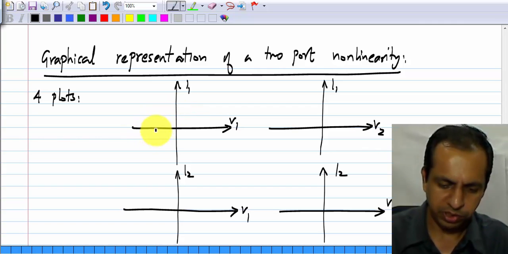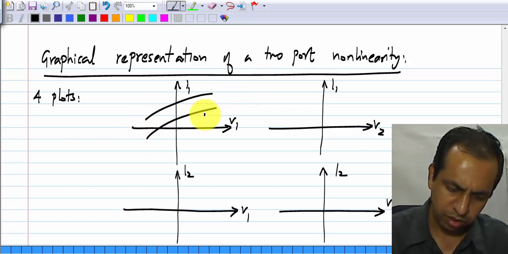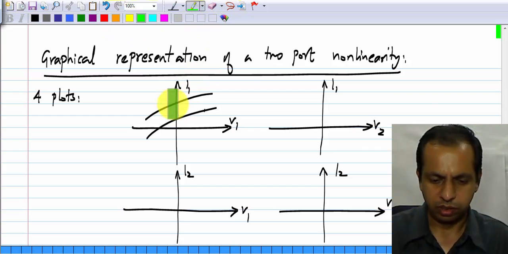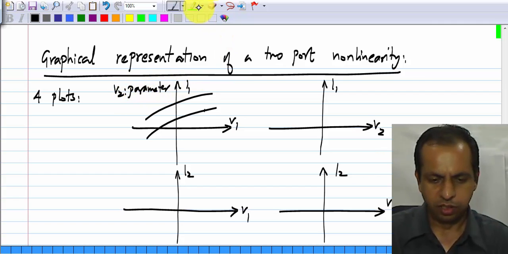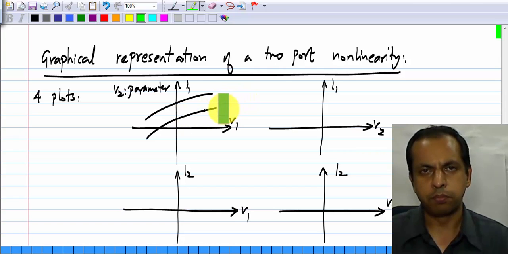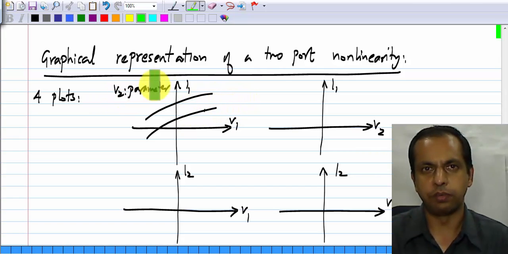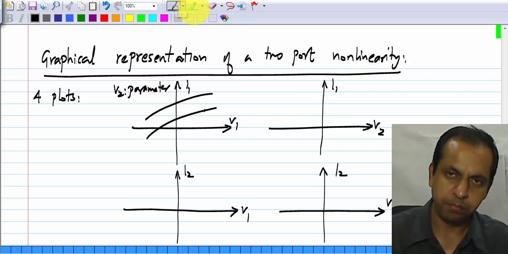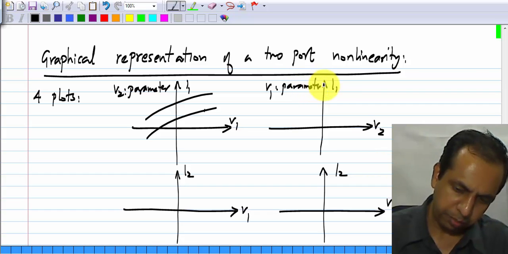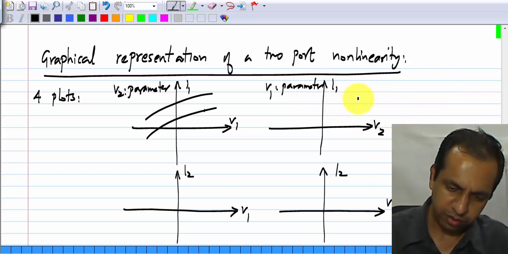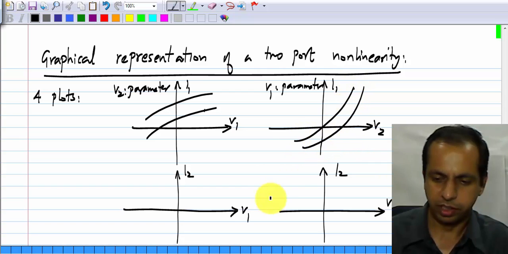I will just show some representative examples. So, in this plot for instance, V2 is the parameter. So, what it means is, for each of these curves V2 is a constant, and for different curves we choose different constant values of V2. And similarly, for this one we will have V1 as a parameter, and it could be anything. It could be something like that.